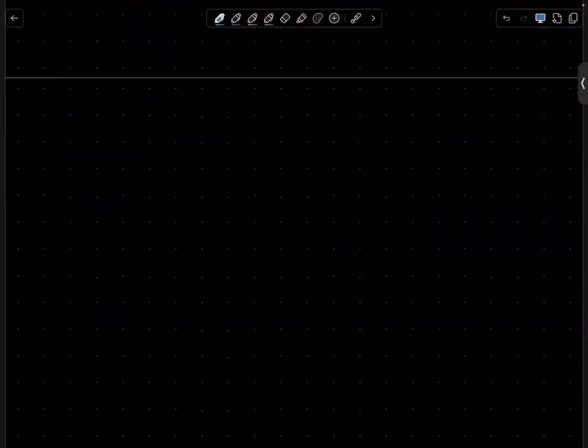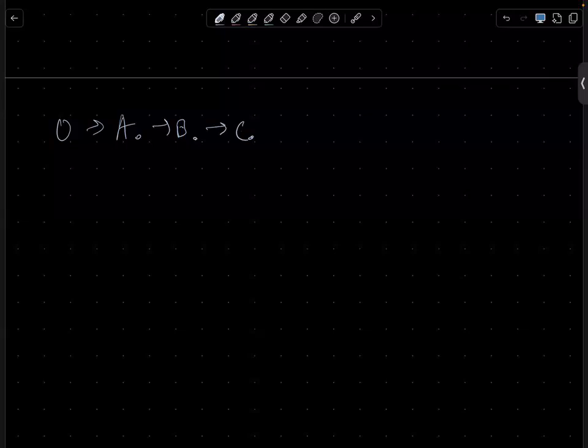If I have a short exact sequence of chain complexes, 0, A bullet, B bullet, C bullet, and then 0, there's this neat device that I can get from it. It's called the long exact sequence in homology.